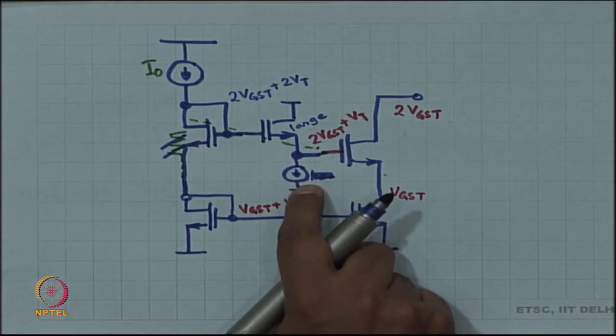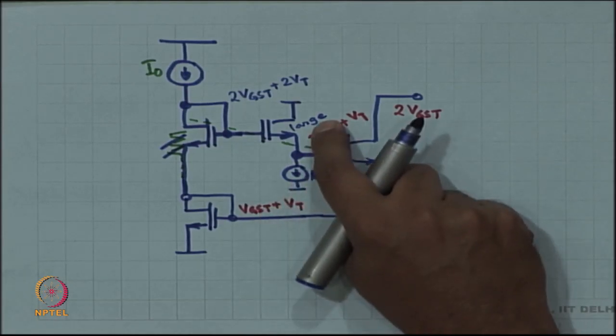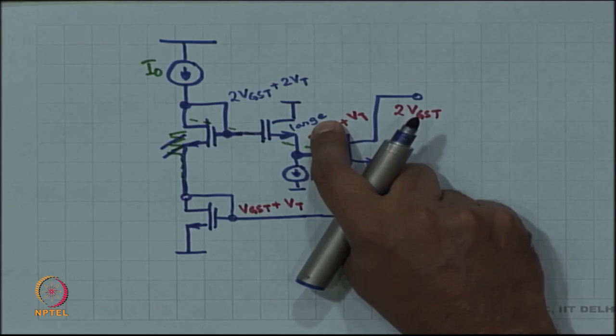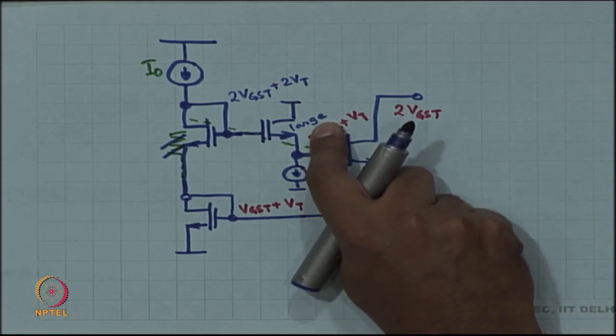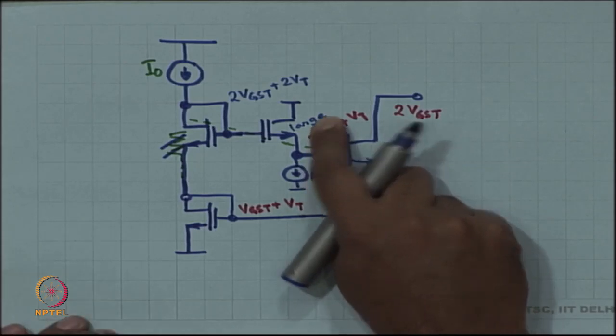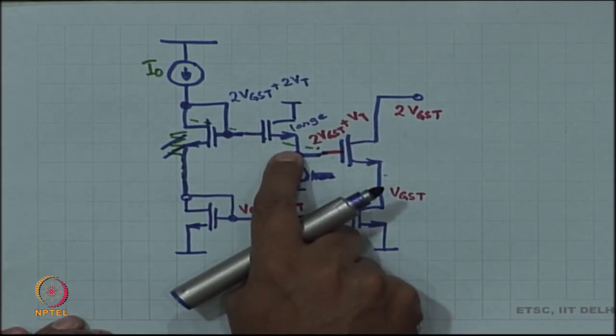Okay. So, if I push a small current through a large MOSFET, then the VGST required is going to be minimal, almost equal to 0, in which case I will just get a VT drop.